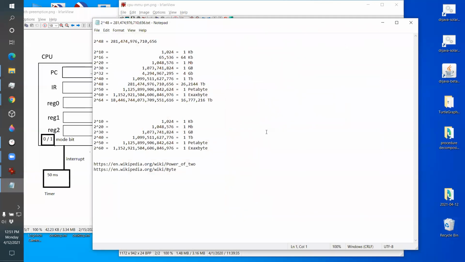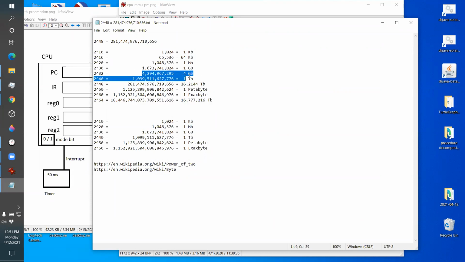Here's what these numbers look like. 2 to the 64 is that number. And 2 to the 32, 4 gigabytes, is this number. This is 16 million terabytes. And a terabyte is 1,000 gigabytes.